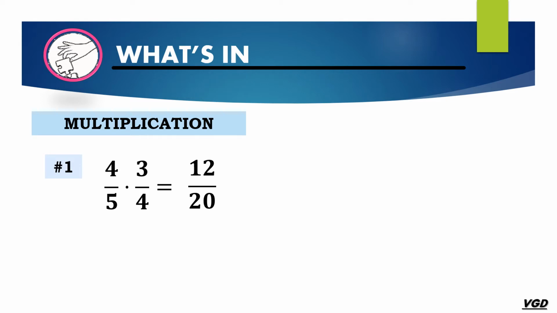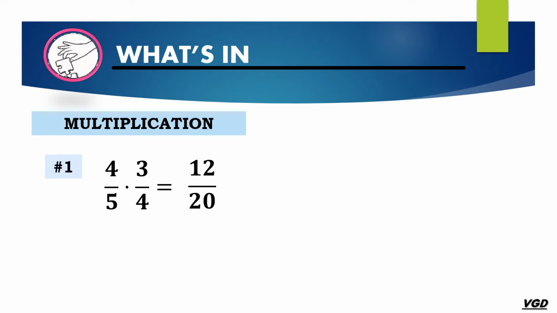So all we have to do is divide the numerator and the denominator by their greatest common factor, which is 4. So 12 divided by 4 is equal to 3, and 20 divided by 4 is equal to 5.